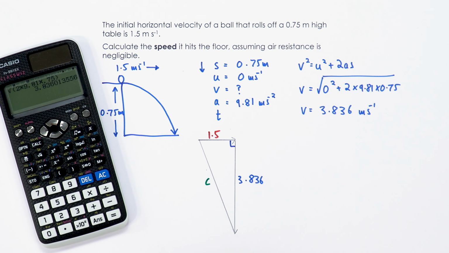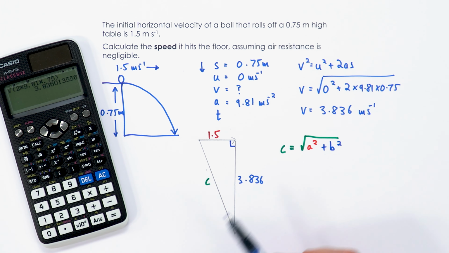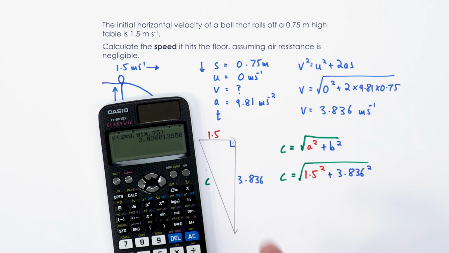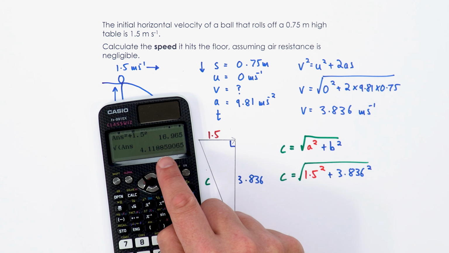So using Pythagoras, c is equal to the square root of a squared plus b squared. Now I've kept this number in my calculator, so I'm just going to square that. I'm going to add it to 1.5 squared, and I'm going to square root all of that to find that the answer is equal to 4.1188.